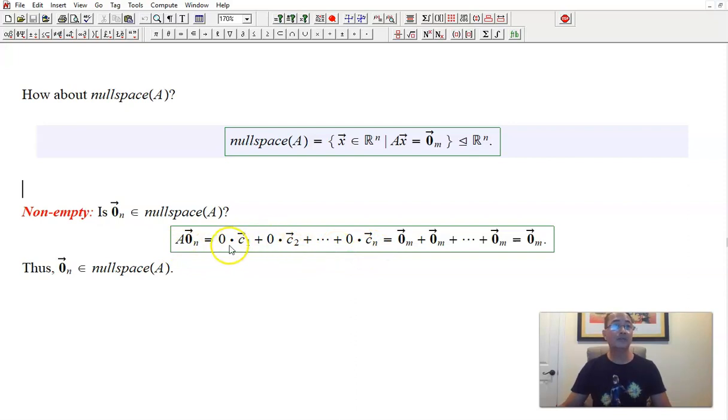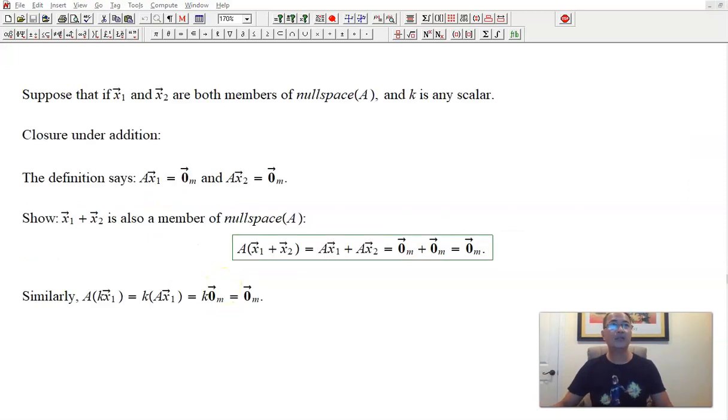When you multiply a column by 0, you get the corresponding zero vector. Add up all the zero vectors, you still get the zero vector. So we get the zero vector from Ax, and so 0n satisfies the definition of the null space of A. And thus, 0n is a member of the null space of A.